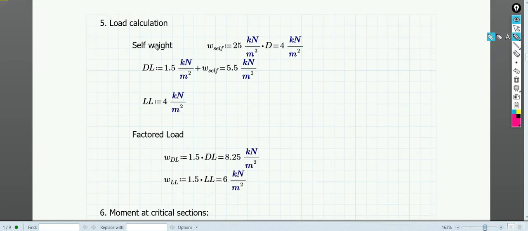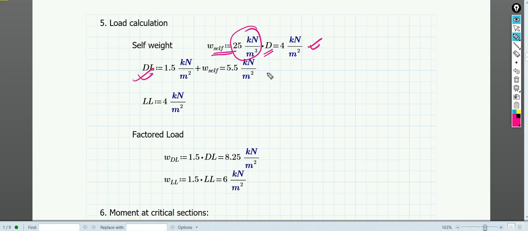Now we will go for the load calculation. Here the loads are given without the self weight. As we have decided the overall depth should be 160 mm, we can find it out. The unit weight is 25 kN per meter cube into the depth, which is 4 kN per meter square.